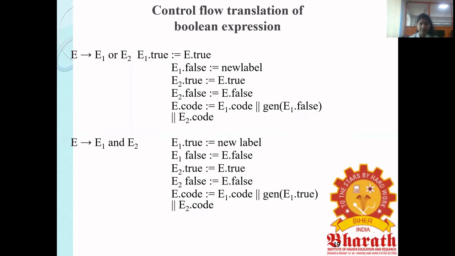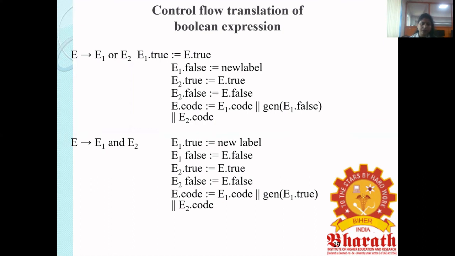Control flow translation for Boolean expressions, for or, and, and everything. First, E1 or E2. I already said for the OR operation, if one is true, then the whole function is going to be true. So if E1 is true, we can decide that E is true, and we can assign E dot true to E1 dot true.